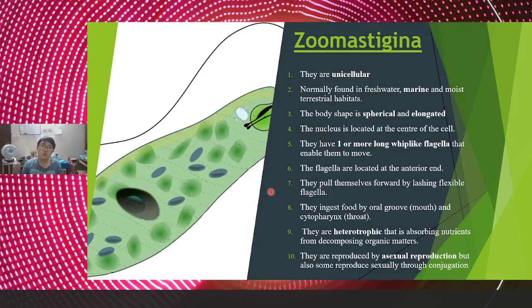For Zoomastigina, the characteristics are the same as the Subkingdom Protozoa also. They are unicellular, and they are normally found in freshwater, marine, and moist terrestrial habitats.